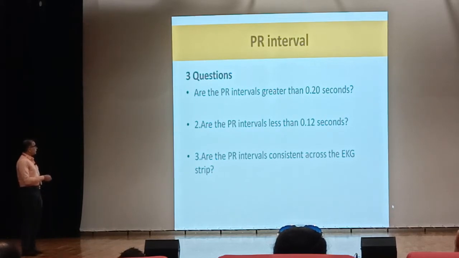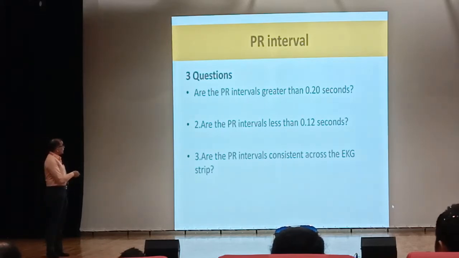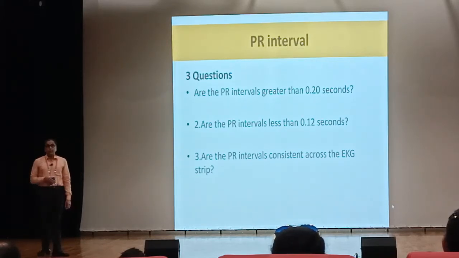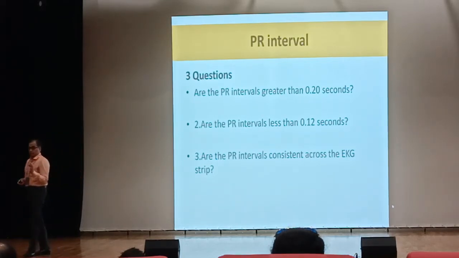That's a bit complicated, but more important for you is to look at the conduction blocks. If it is more than 0.2, it is going to guide you that possibly there is an AV conduction problem. And third, whether all PR intervals are similar or not, because if it is variable, this is again going to guide you about the blocks.